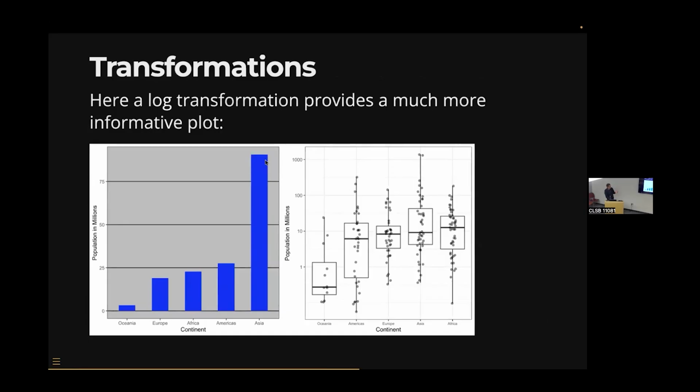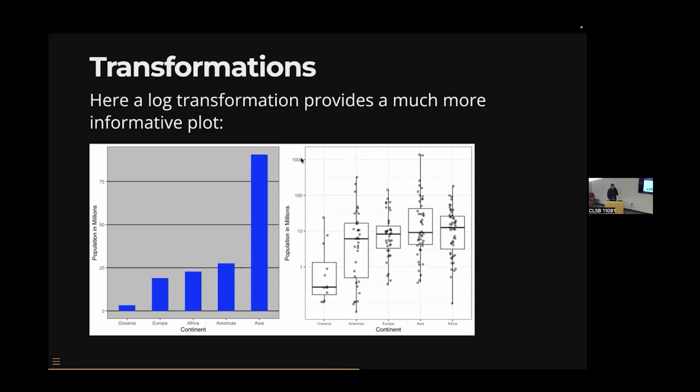So I went from this terrible plot to something that basically shows you all you want to know. Now see how I have the axes very well labeled? You can either show the log or the numbers in a log scale. Either way, it's pretty clear what's going on: 1, 10, 100, 1,000.